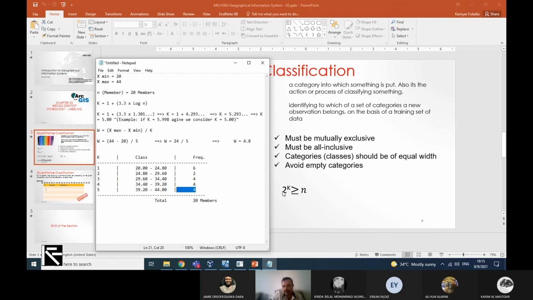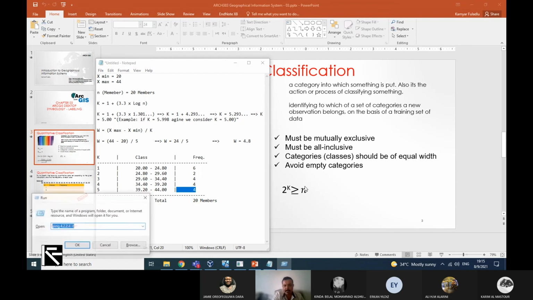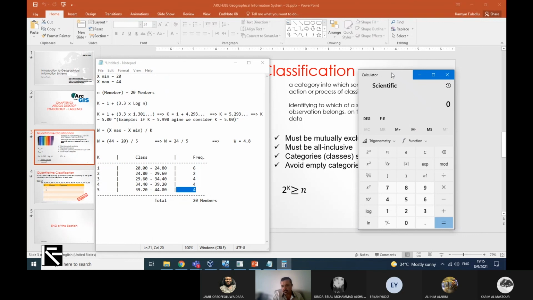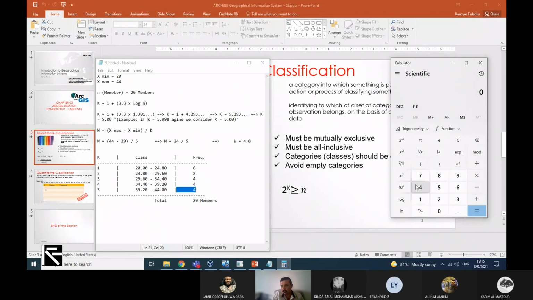And as you can see, we have one formula here. What is this formula? You are able to use this formula as well. You just need to think about 2 to the power of which number would be bigger than or equal to n. Our n is 20. So you need to test it. If you put 2 to the power of 5, as you can see, it becomes 32.